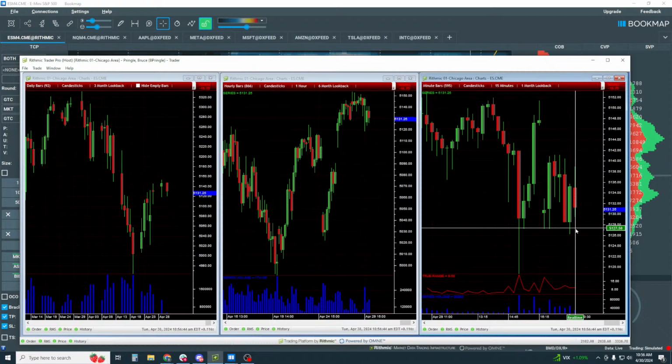I'm looking for sellers to explore. They've already explored it 1, 2, 3 times. This will be like the 4th, or we can say the 3rd or the 4th, whatever. But it's coming down here to retest again. I am looking at this point for sellers to try to explore further because it already has today.